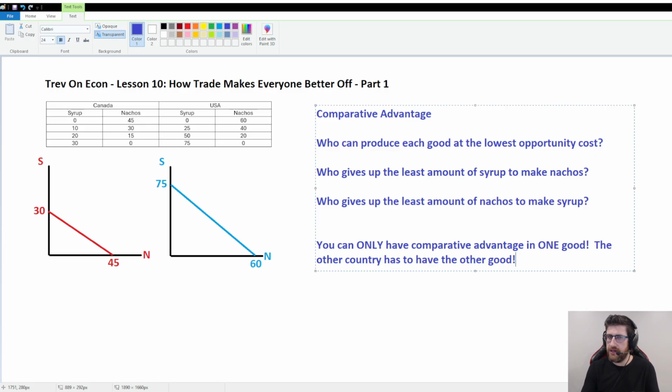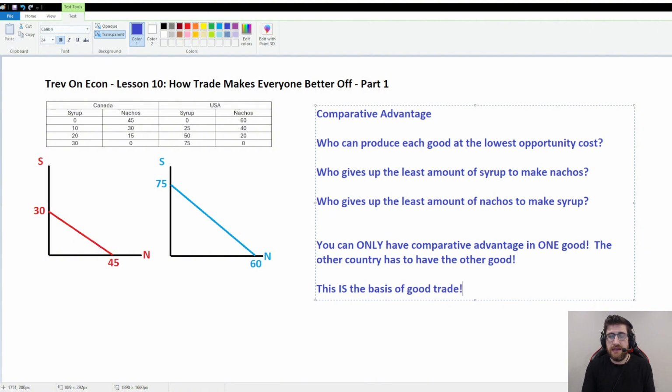It seems like a small thing, but with absolute advantage, you could have 2, 1, or 0. This one, it has to be 1. All right. Canada will be better at syrup or it will be better at nachos in this description. US will be better at nachos or better at syrup in this description. They can't have both.